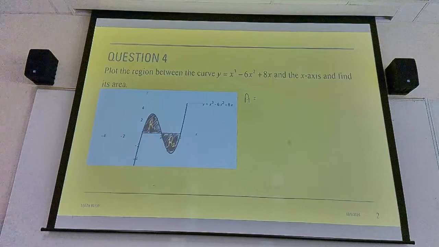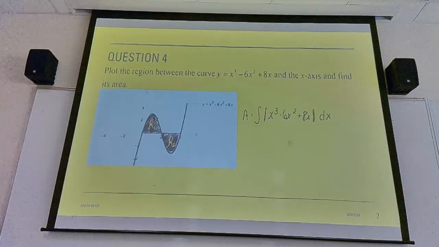Which is the same as setting it up this way, integrating the absolute value of the function.